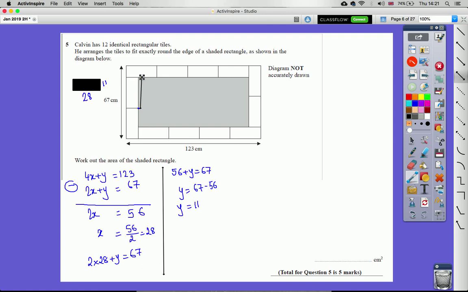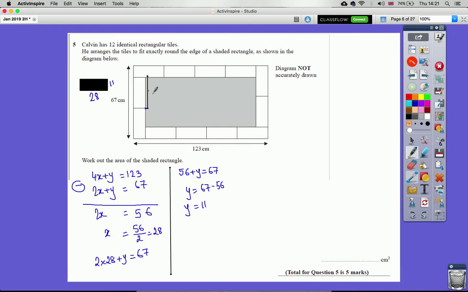All right, that's fine. The remaining part is 28 minus 11 because this part is 11 centimeters. So the remaining part will be 28 minus 11, which is 17 centimeters.